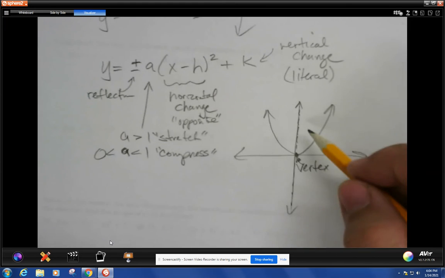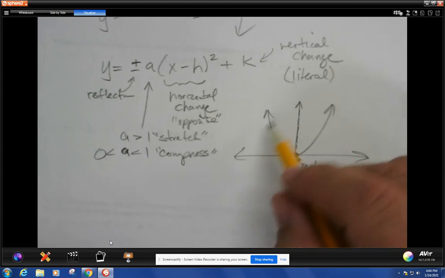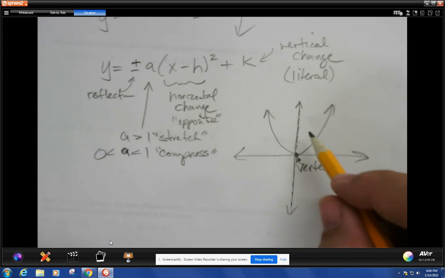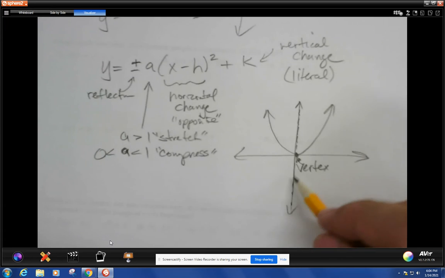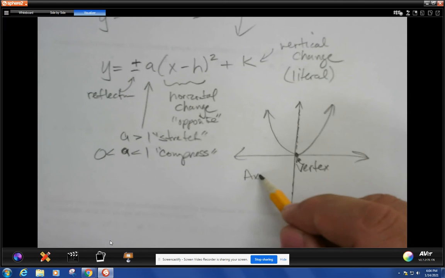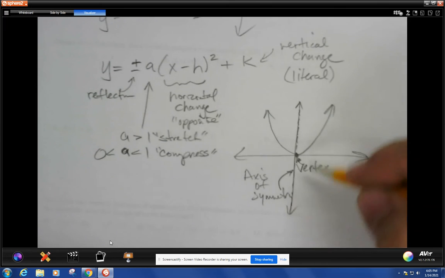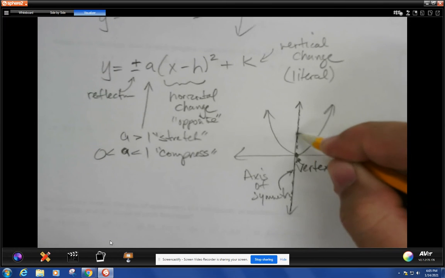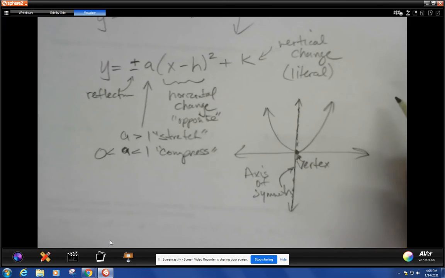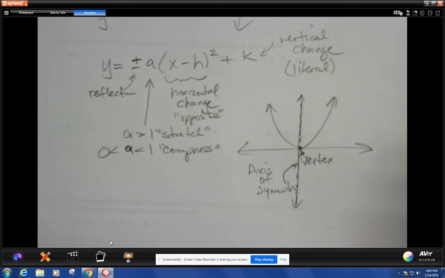And what that means is that, again, if I rotated this graph around, it would end up in exactly the same spot, okay? So for this particular one, axis of symmetry, okay, it is right here. It's this dotted line that I just made up through here. Maybe a little bit hard to see, okay? So that would be my axis of symmetry.